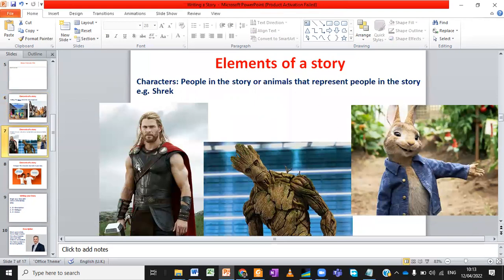Secondly, you must introduce your character. There must be characters in your story. Now, what are characters? Like people, like any people or animals or anything in the story.